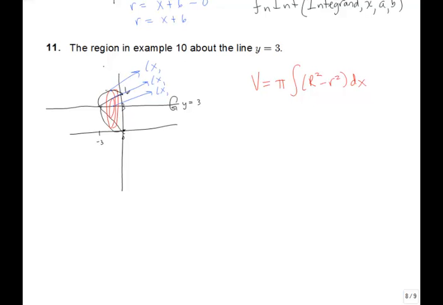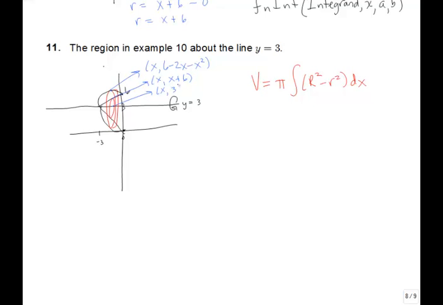And this top point is on that parabola again, and the equation of that parabola was 6 minus 2x minus x squared. The line had as its equation y equals x plus 6, so this y coordinate would be x plus 6 as a function of x. And this inside point is no longer on the x-axis. Now we're rotating this around the line y equals 3. So the height of this middle point is always going to be 3 because we're on that axis of revolution.